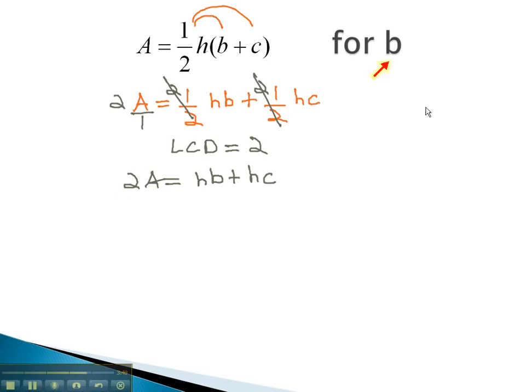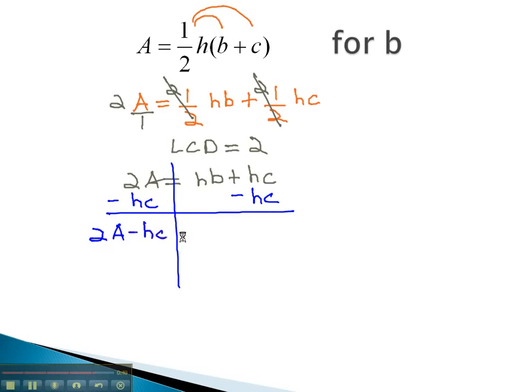Remember, we're solving for the b on the right side of the equation. First, we will add and subtract the term that does not have any b's on it. Right now, we have plus hc, so we will subtract hc from both sides of the equation. On the left, we do not have like terms, so we have 2a minus hc equals hb.